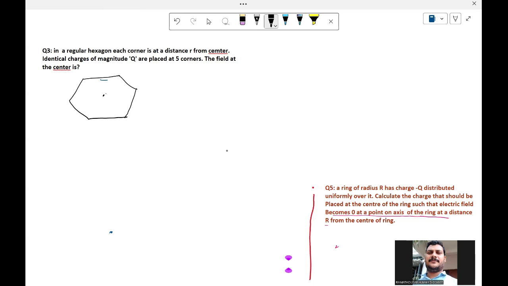And from the center, all the corners are at a distance R, which is given. In 5 corners, there are 5 charges.